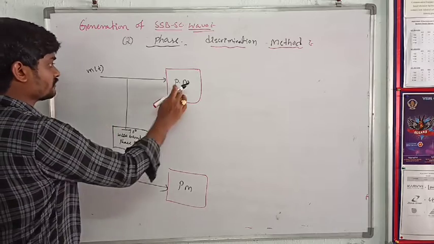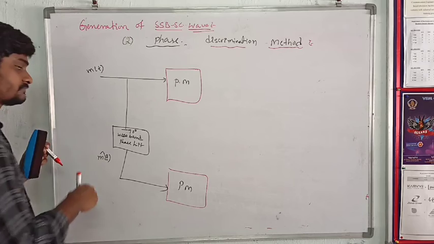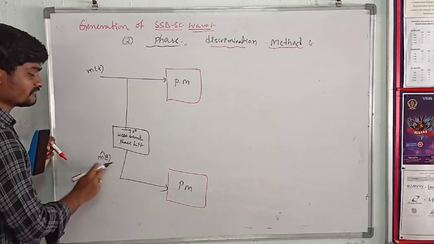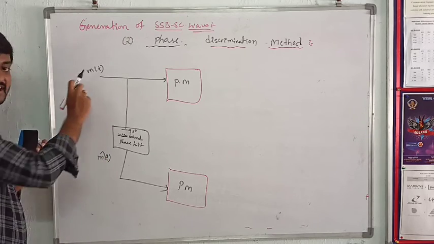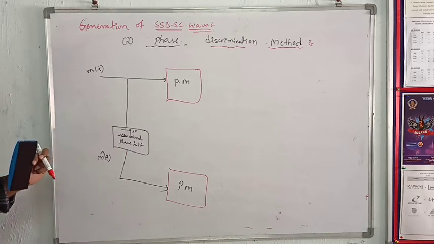That means m of t is given to the first modulator and m cap of t to the second. m cap of t is the Hilbert transform of m of t, that means a 90 degrees phase shift.